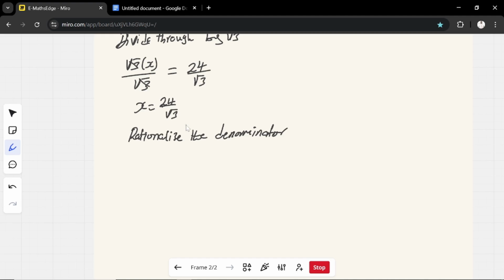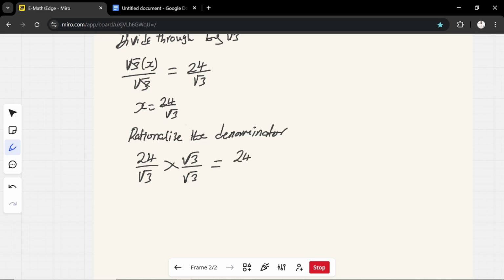You multiply both the numerator and the denominator by the root number, which is the denominator. So it's going to be 24 over the root of 3, which we have initially, multiplied by root 3 over root 3. The numerator is multiplying root 3, while the denominator is also multiplying root 3.